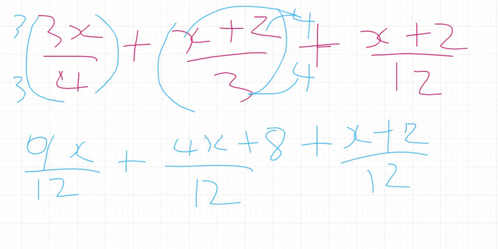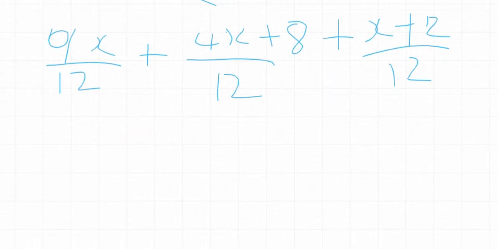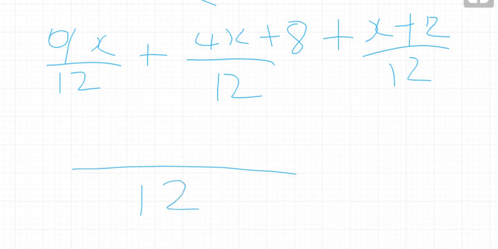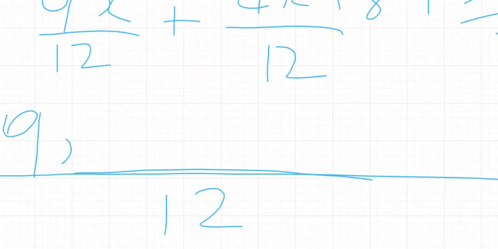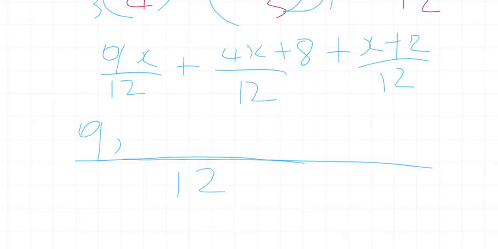And now, since each fraction has the same denominator, we'll just take back one of the denominators. So we just group like terms. So we have 9x plus 4x plus x plus 8 plus 2.